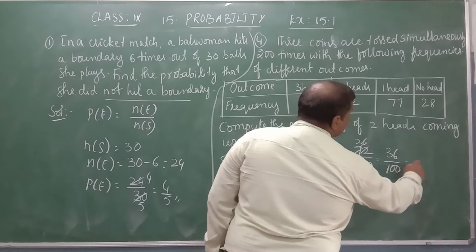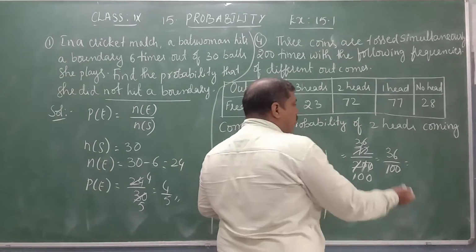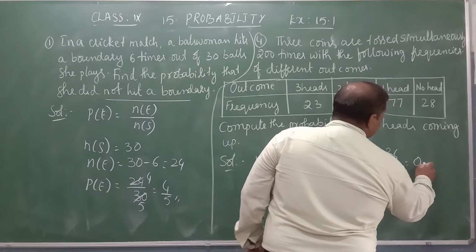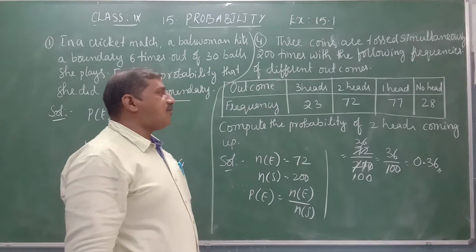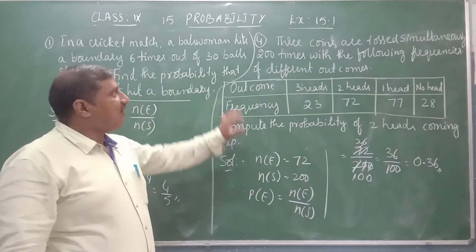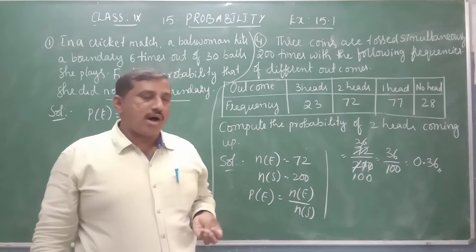Now divide by 100. 2 zeros are there, so the decimal point will move 2 places. Therefore, we get 0.36 as the probability of 2 heads coming up when 3 coins are tossed simultaneously 200 times.